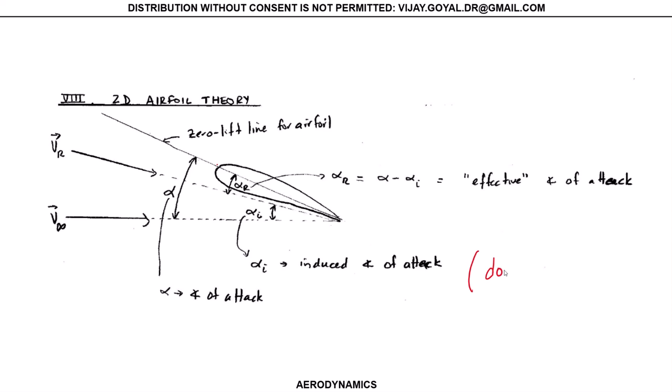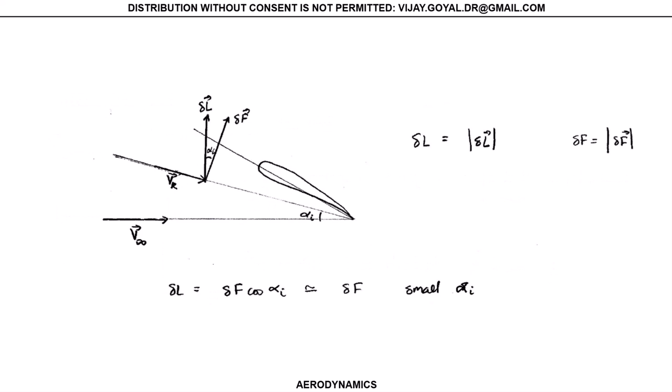Okay, so what's responsible for that is the downwash. That's what's creating this induced angle of attack. And that induced angle of attack is going to actually reduce your effective total angle of attack, which will be alpha minus alpha i. Okay?